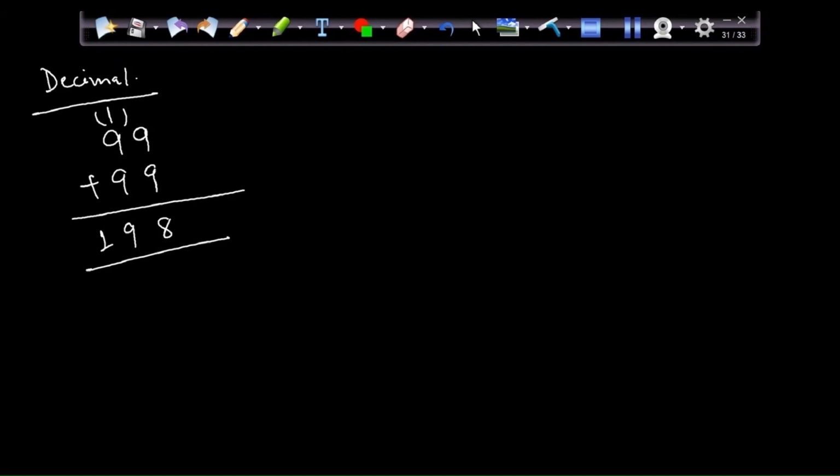If you take all possible 2-digit numbers and you randomly take any two numbers and add them, the addition of those two numbers has to be less than or equal to 198.